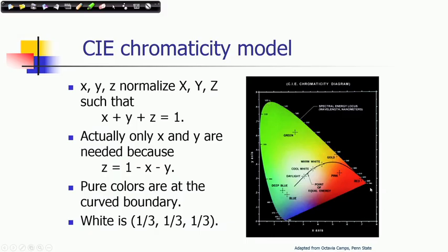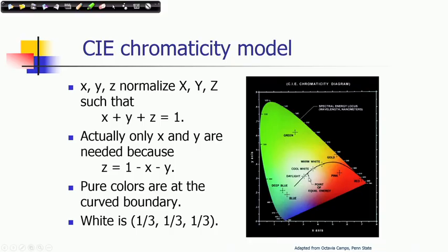This is the red zone, at about 700 nanometers, and as you proceed along this boundary, wavelength decreases, which means the frequency of the electromagnetic wave increases, through green, and this is the blue zone, where the wavelength is about 360 nanometers. These are the pure representations of color. In between, there are other components of this color, which we will define again.